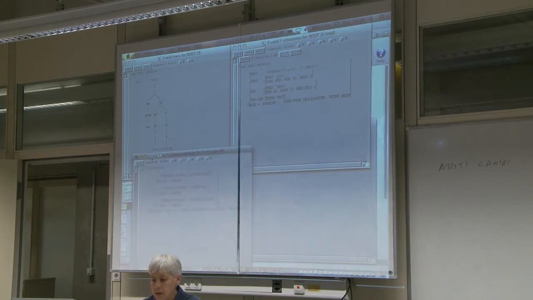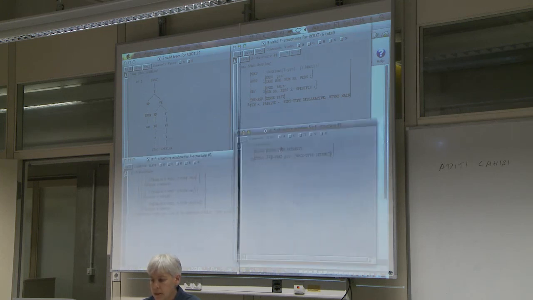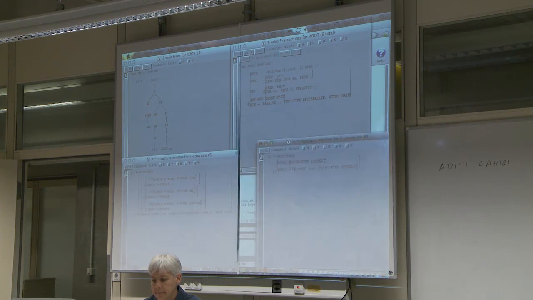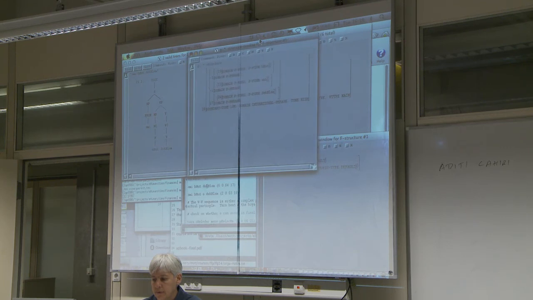So we have a prosodic window, which is another projection, the prosodic projection, which tells you what the prosody is of this phrase. So this is one prosodic word, this is another prosodic word, and this is a prosodic word, and they each have their own prosodic phrase. There's a low boundary tone, and there's some high tone somewhere in there.